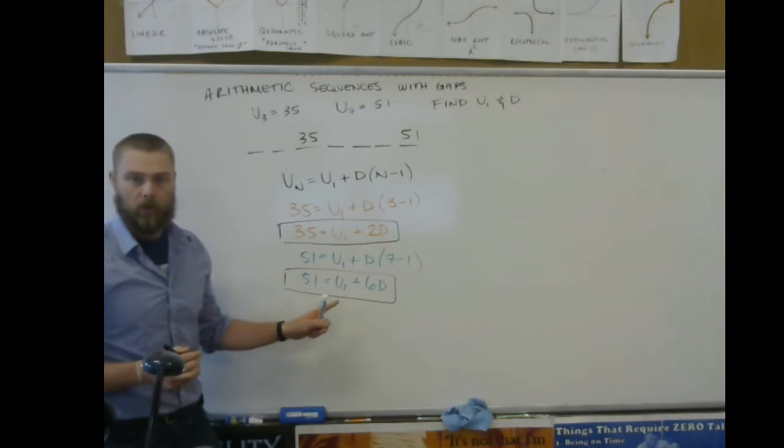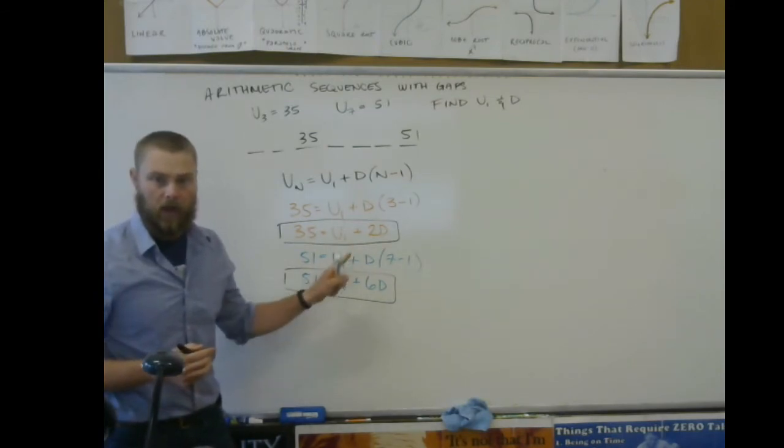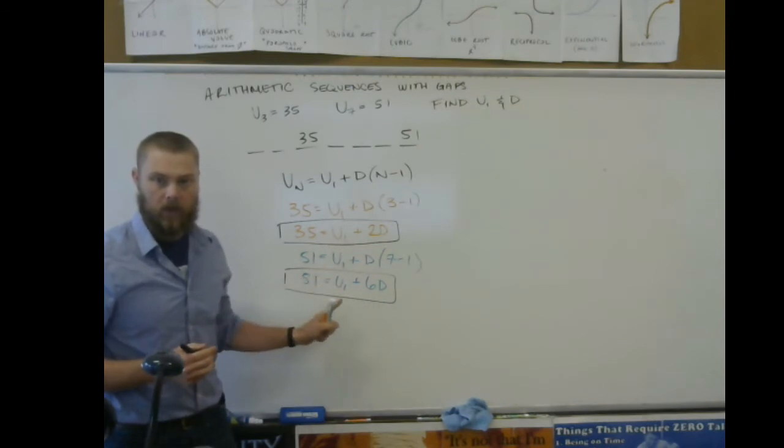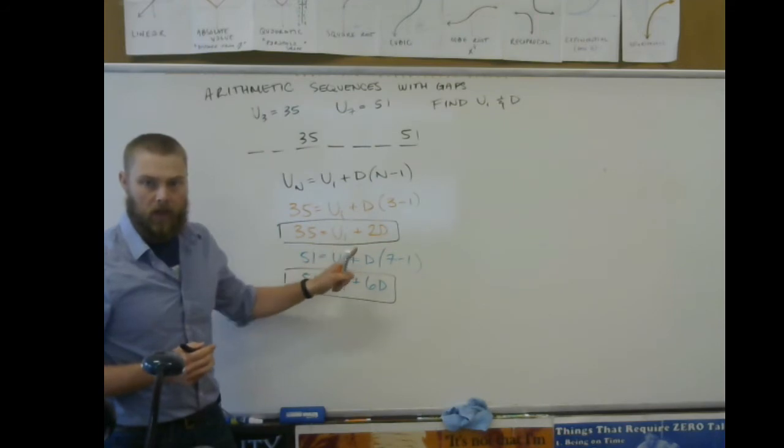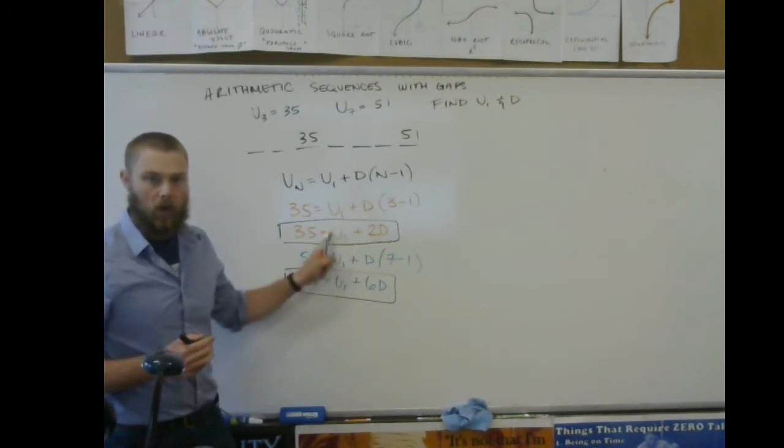And both the unknowns are on the same side. That lends itself to elimination. If we take, let's say this one, because things are larger here. We take this equation and we subtract the first equation from it. We'll cancel out U1.